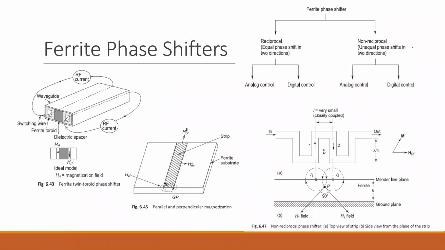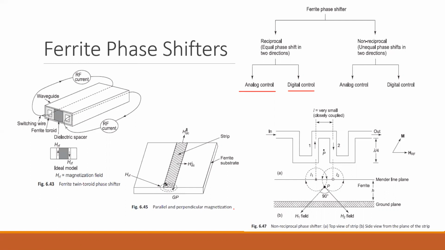If unequal phase shifts happen in both directions, we call such a phase shifter non-reciprocal. Apart from this, we have two further classifications: analog and digital control.